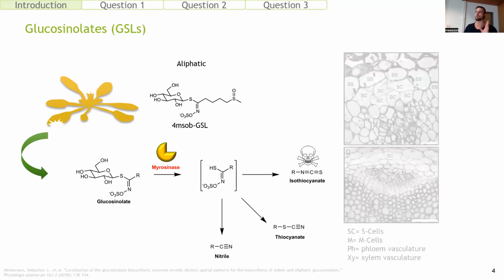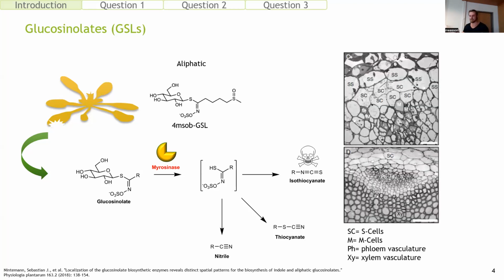So already, I think it's quite incredible, this type of organization in this defense, but this can become even more organized in Arabidopsis, where you actually have dedicated cells to deliver even more concentrated blasts of this defense.